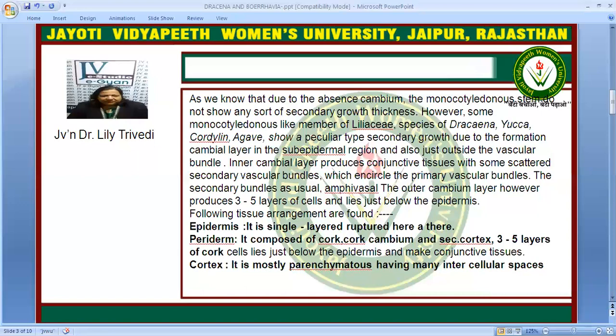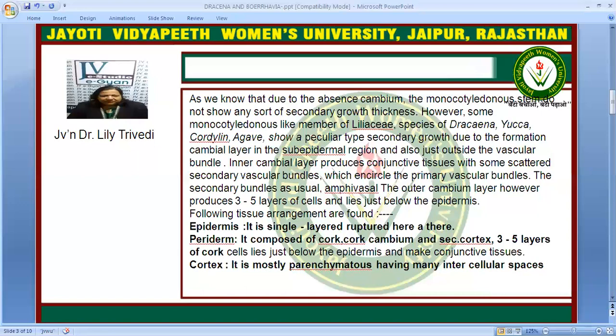Now the inner cambial layer produces conjunctive tissue with some scattered vascular bundles. Now these vascular bundles encircle the primary vascular bundles and thus they are secondary vascular bundles and are amphivasal. The outer cambium layer is producing 3 to 5 layers of cells just below the epidermis. So this is the main anomalous feature.